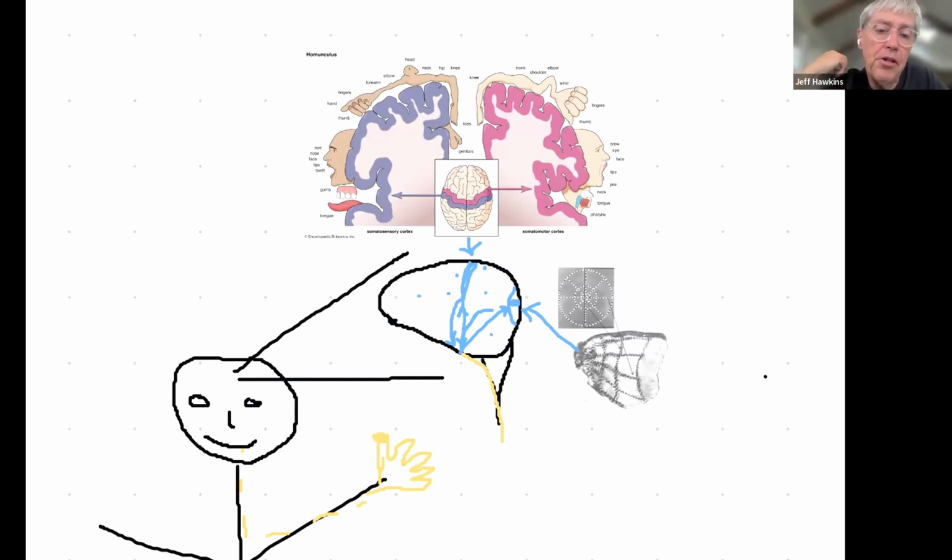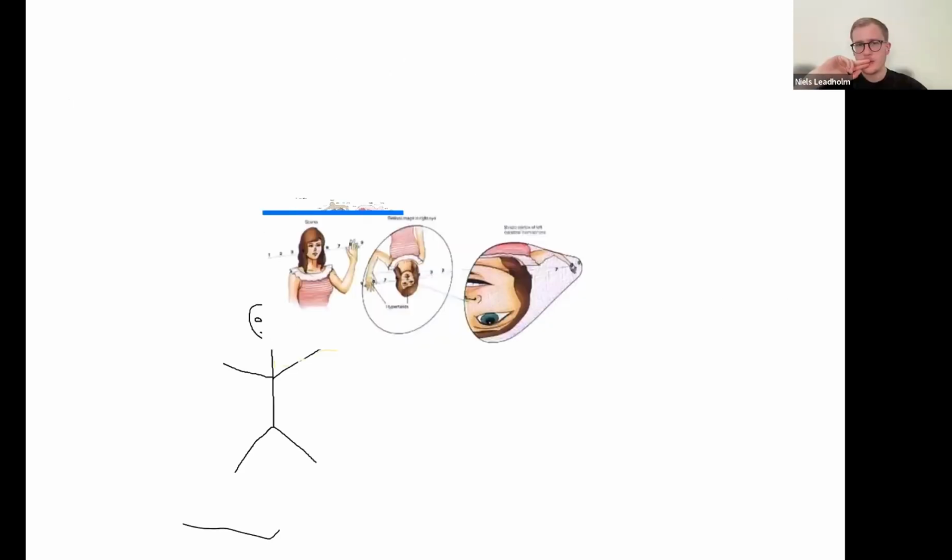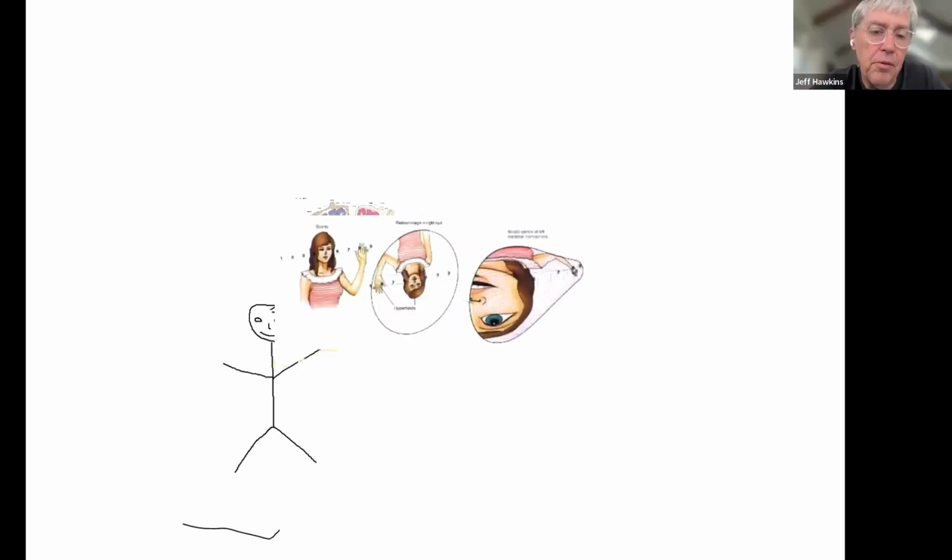So the map can shift around a bit. Or if someone's born blind, their visual cortex can be taken over and repurposed. So yes, it's genetically determined, but it's also very plastic, is the term they use.